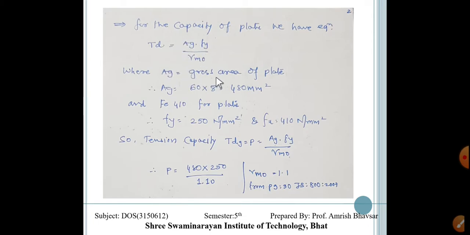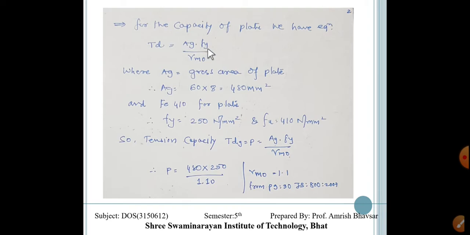Ag is the gross area of the plate, that we have 60 by 8. So the gross area of the plate is 60 by 8, means it is 480 mm square, and the strength of the plate is Fe410. For this plate Fy is 250, the yield stress, and Fu is 410, the ultimate stress.